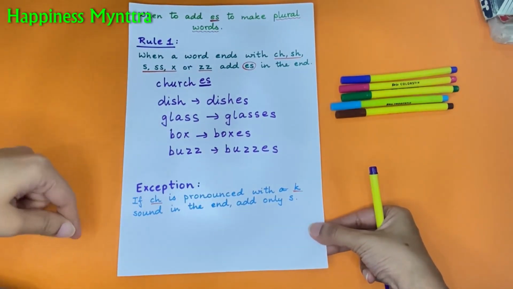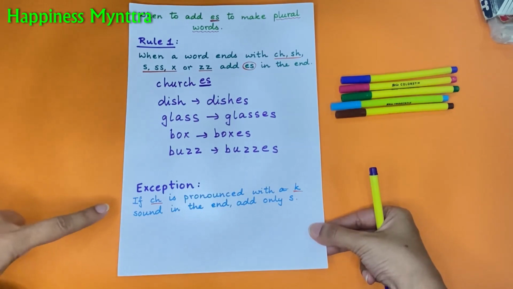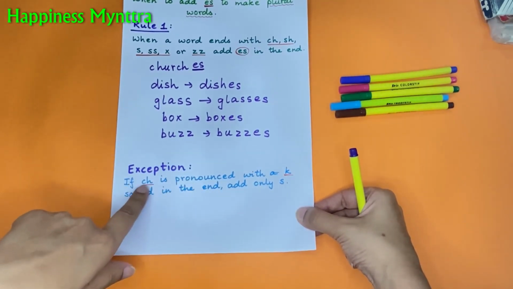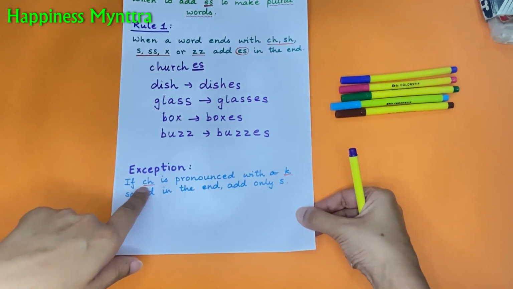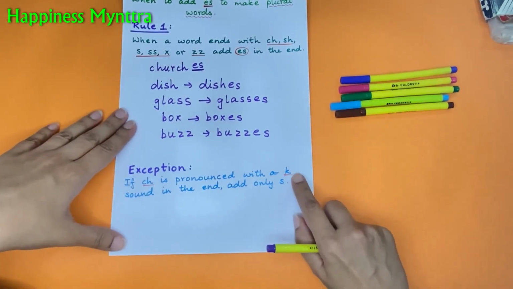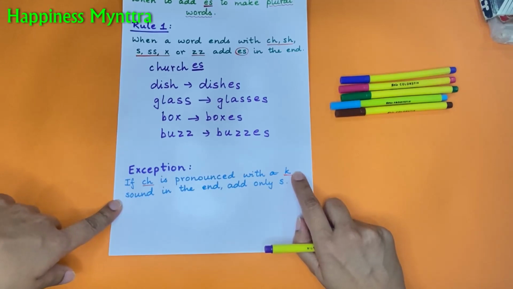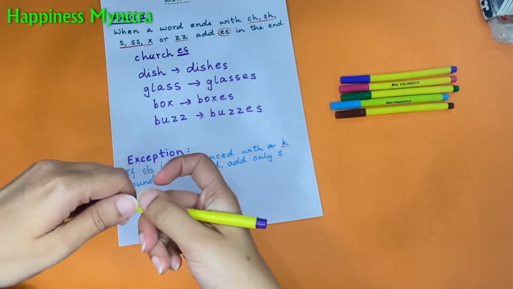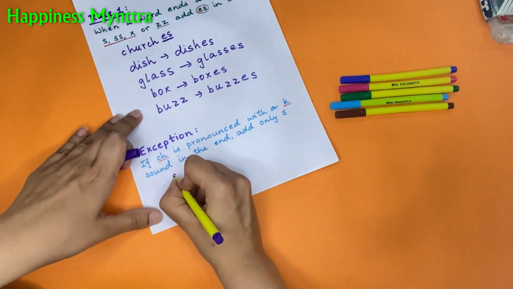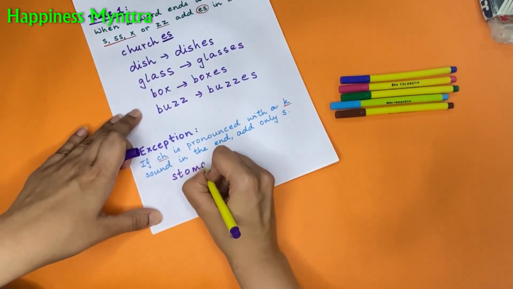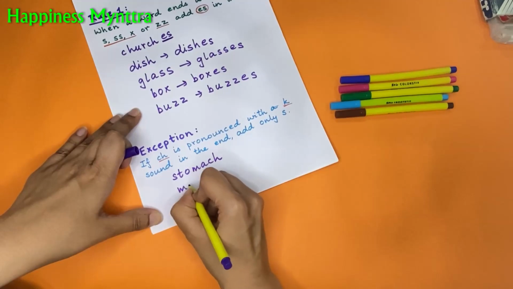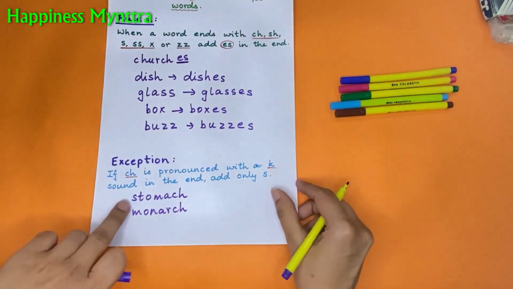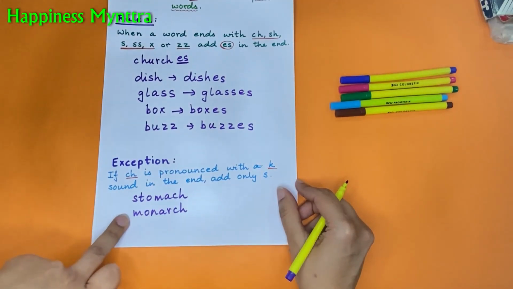Now coming to the exceptions for these. The first exception is when ch is pronounced with a k sound in the end, then we add only s. Let's see examples for this. Stomach, monarch. So here we do not say "chh" in stomach or monarch, right?